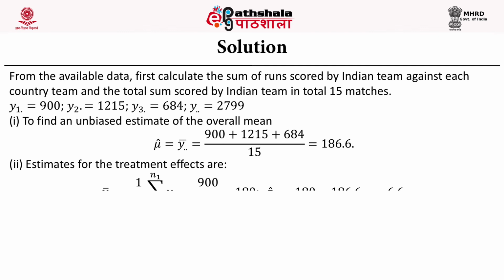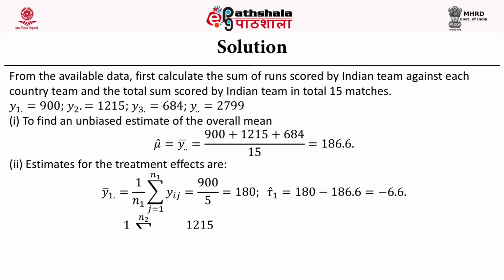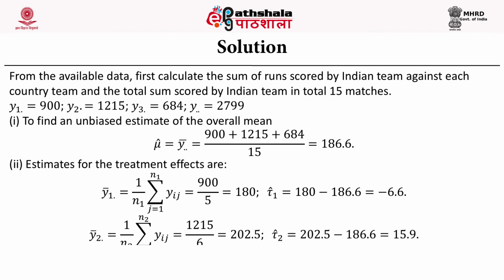To find an unbiased estimator of the overall mean, we know that the unbiased estimator mu hat is y double dot bar. So sum all the values and divide by the total matches, which comes out to be 186.6. The second estimate, for the treatment effects, has the formula y1 dot bar minus y double dot bar.